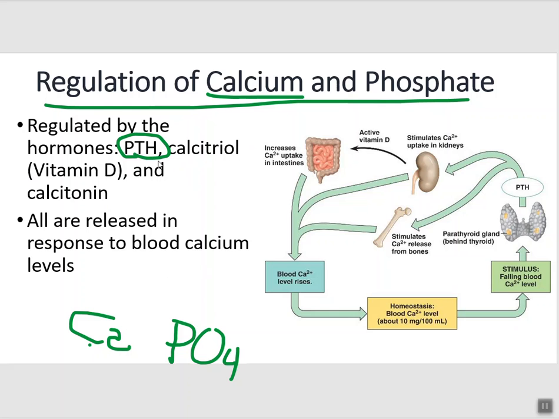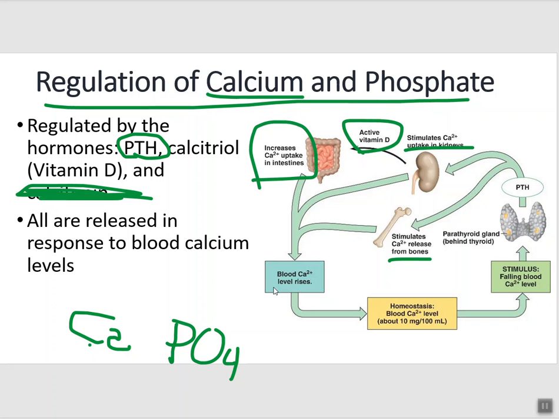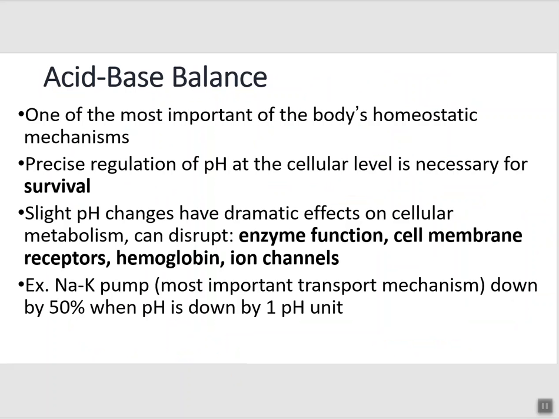So PTH, calcitriol, which is vitamin D, calcitonin, no, nothing going on there. And you guys can go through this. We've already talked about this. PTH breaks down calcium from the bones, stimulates uptake from the kidneys, and also activates vitamin D and increases calcium uptake, raising the blood levels of calcium.